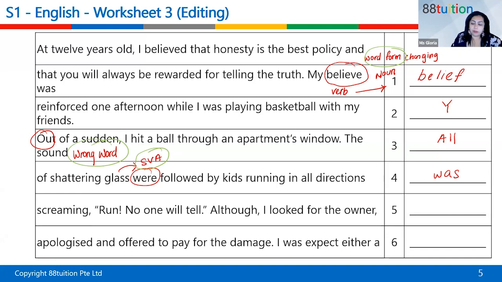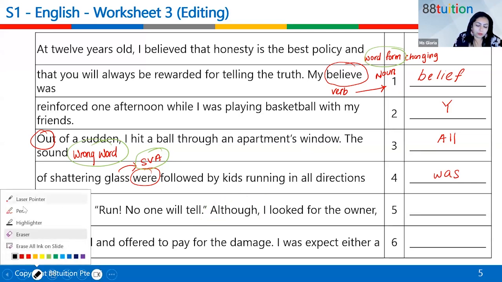All right, number 5, Tristan. The although is wrong. Very good. And although becomes but. Not but, I wouldn't prefer but.